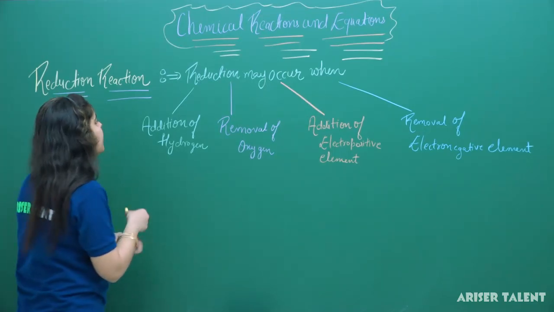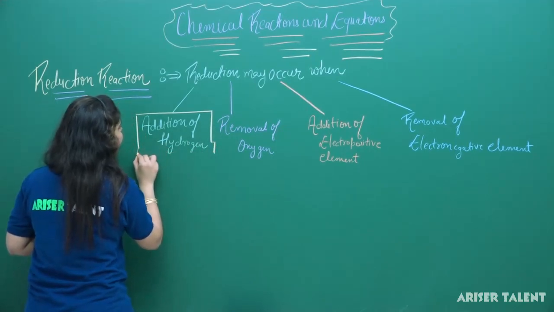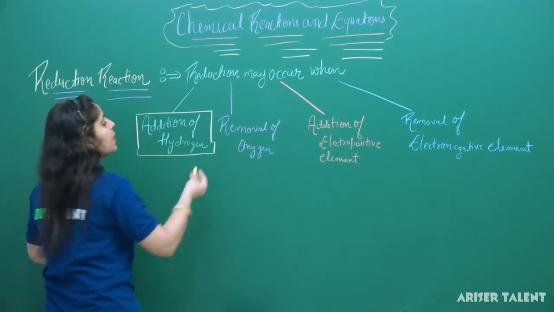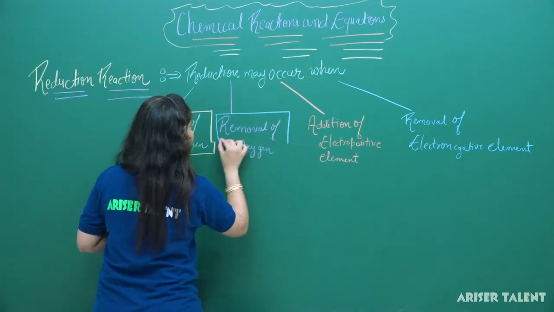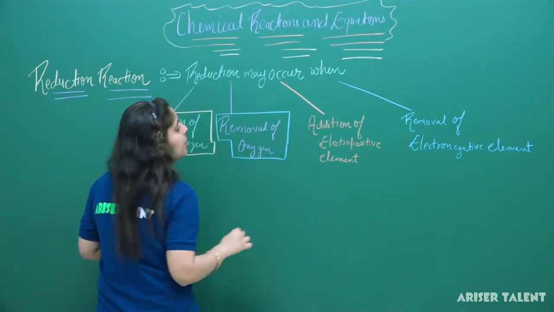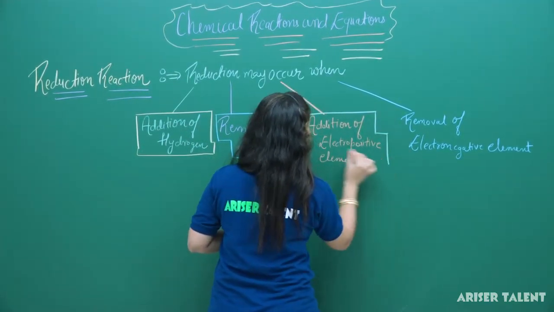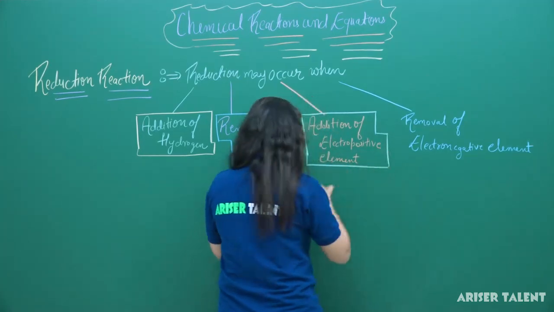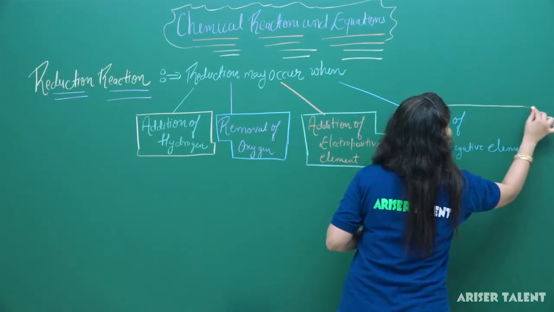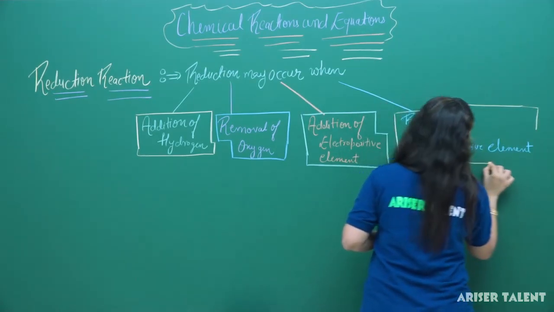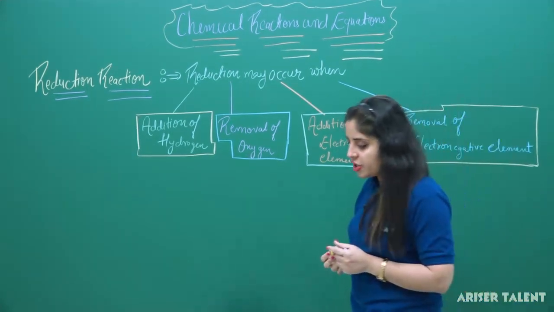Firstly, the reduction may occur when there is an addition of hydrogen. It means hydrogen is added to a compound. Then there will be a removal of oxygen. Third case is addition of electropositive element. And the last case is removal of electronegative element.